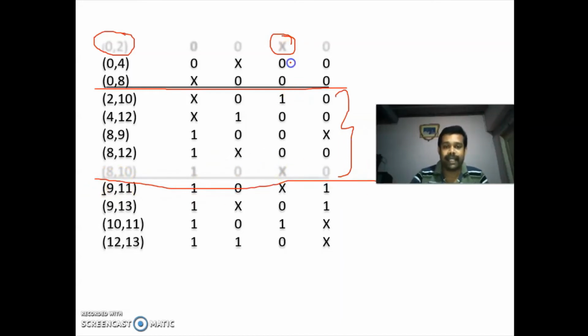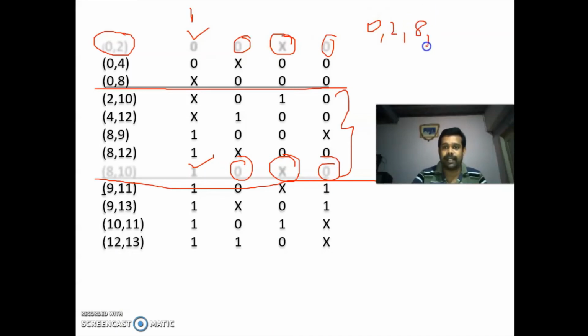While checking like that, you will be getting an x here. Now you have to check whether they are differing by 1 bit. So here 0, here 1. It is differing by 1 bit. Here 0, here 0, same. Here 0, here 0, same. So we can consider 0, 2 and 8, 10.